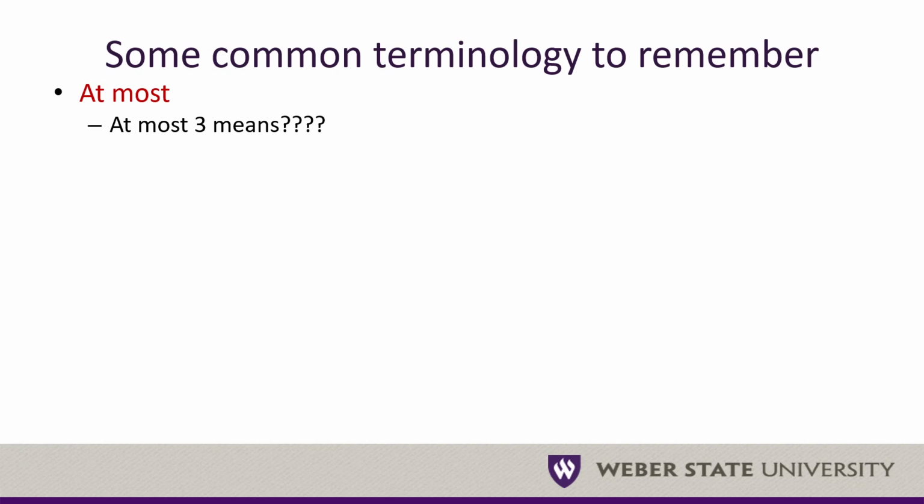At most means I don't have any more than that, so 4 or more is not in play. But we're talking discrete events, and when we're counting, we start counting not at 1 but at 0, because we could have 0. So if I say at most 3, that means 0, 1, 2, or 3.